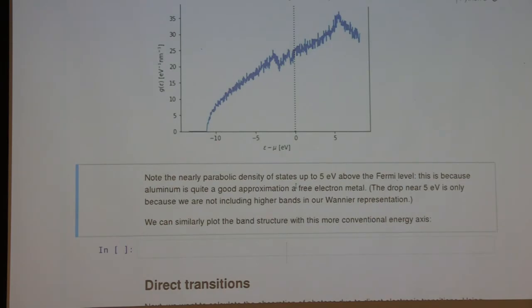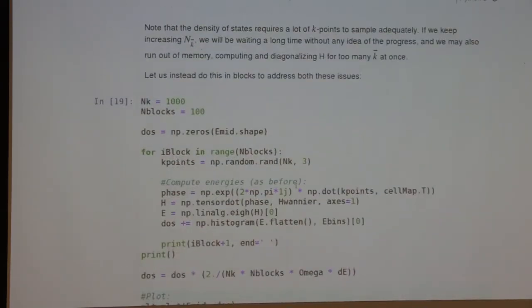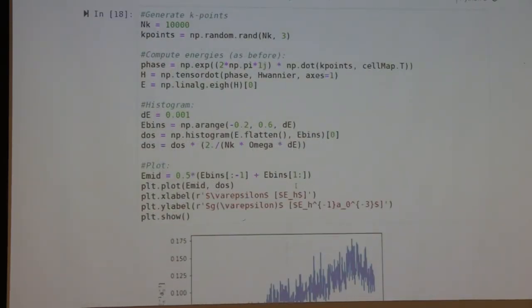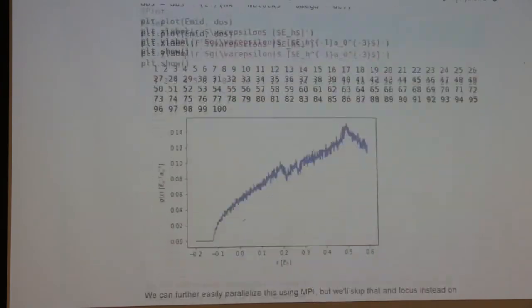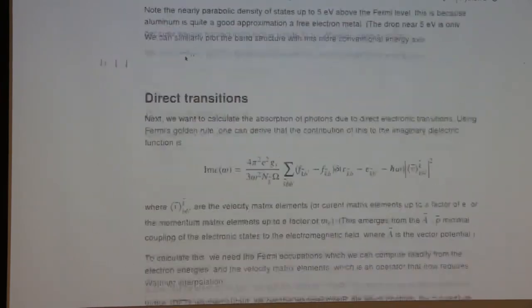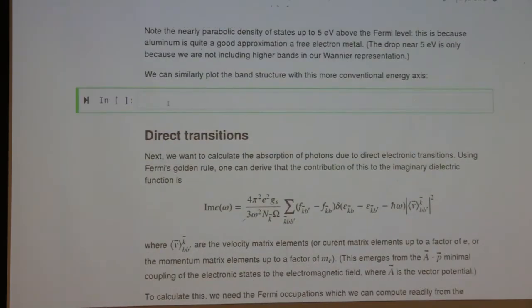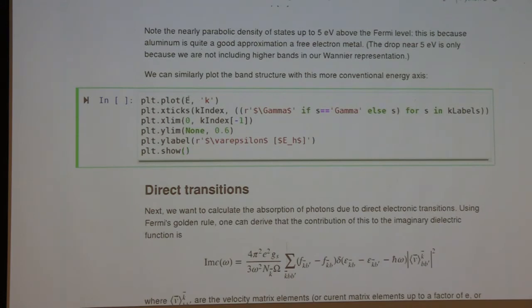Right? We could similarly also plot our band structure on this. I'll just put that code here as well because we'll keep using this again. So I'll refer it to the chemical potential and convert to electron volts units.